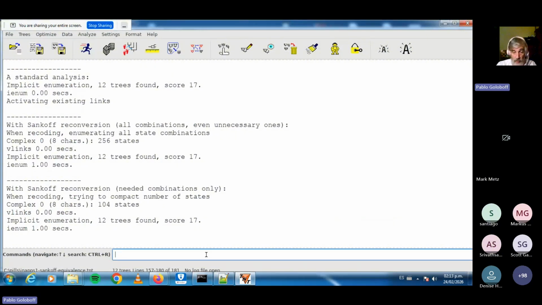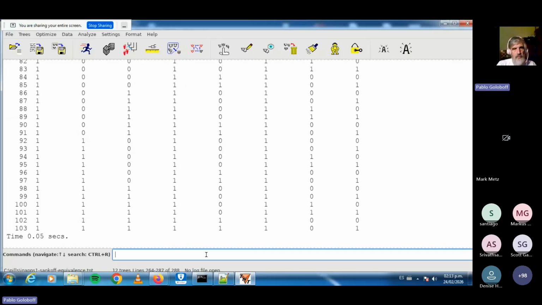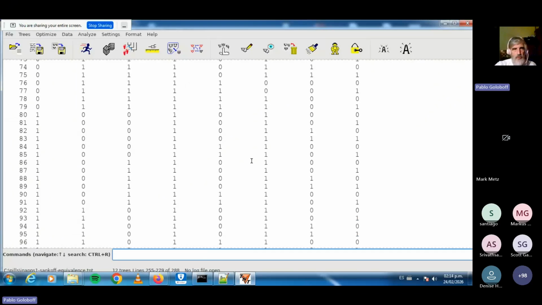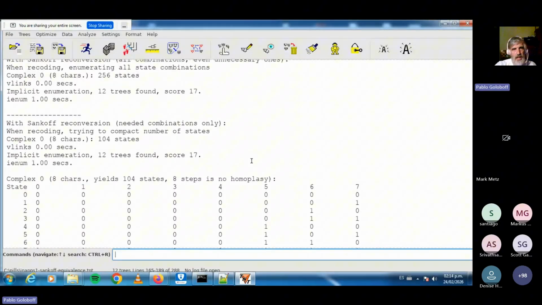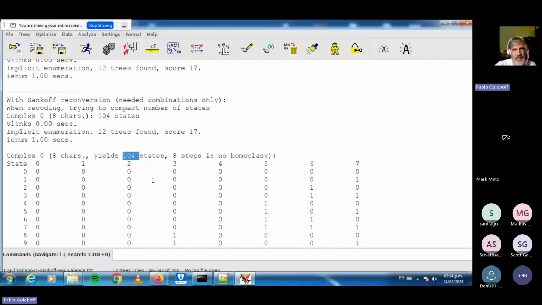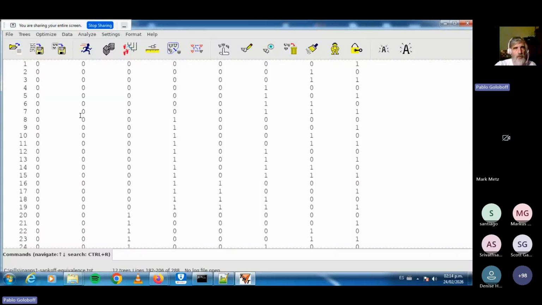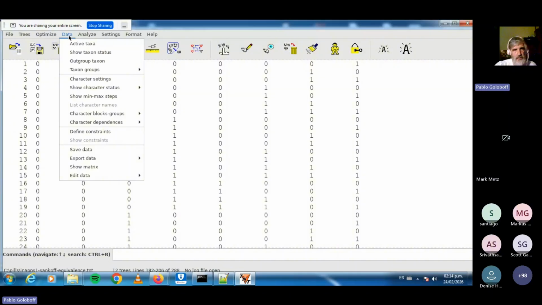So right now we are using the dependencies, right? That's why we have 104 combinations of states needed to obtain optimality in the homology assessments.